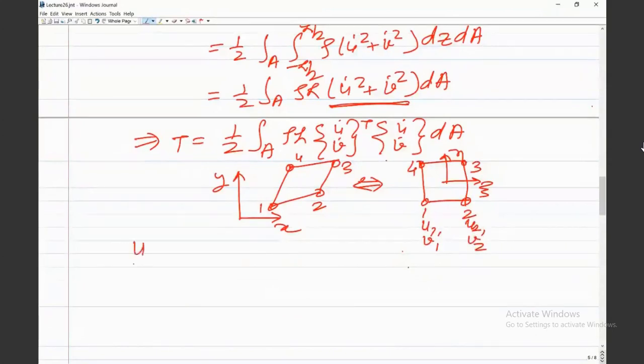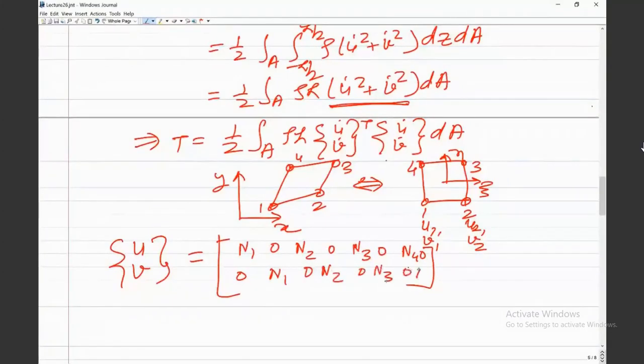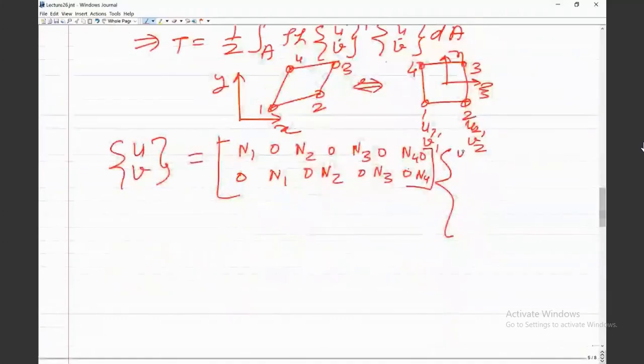You will be able to write the interpolation for u and v as N1 0, N2 0, N3 0, N4 0, and then 0 N1, 0 N2, 0 N3, 0 N4 into the elemental degrees of freedom, that is u1 v1, u2 v2, u3 v3, u4 v4.